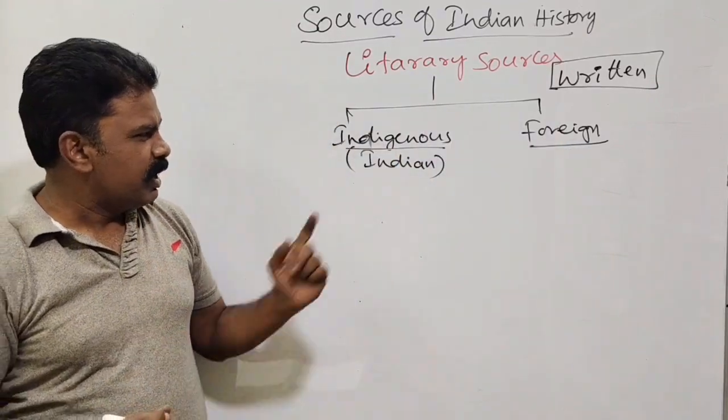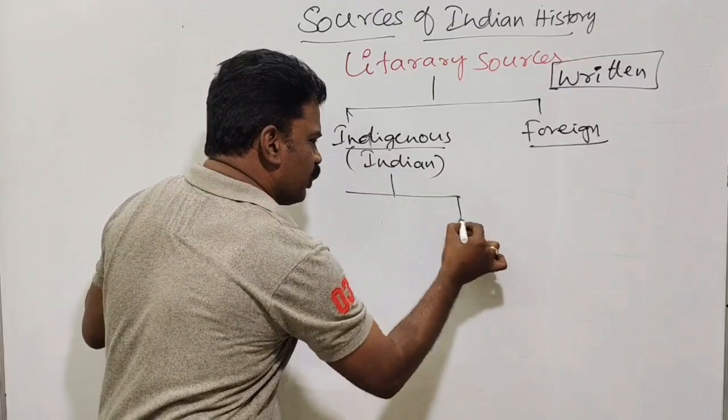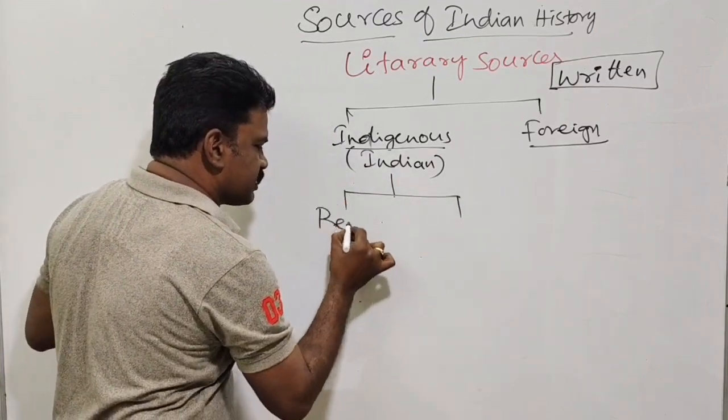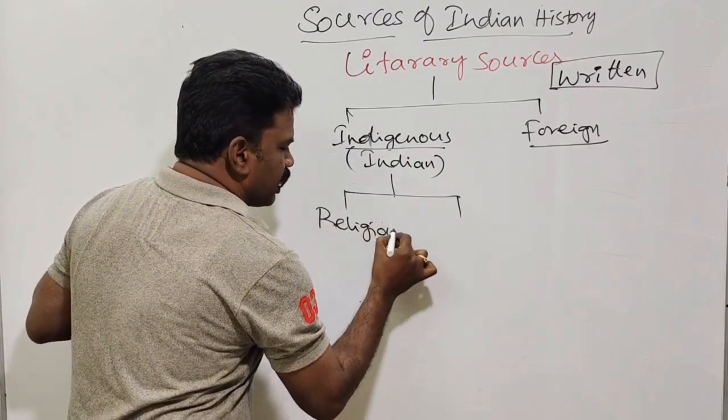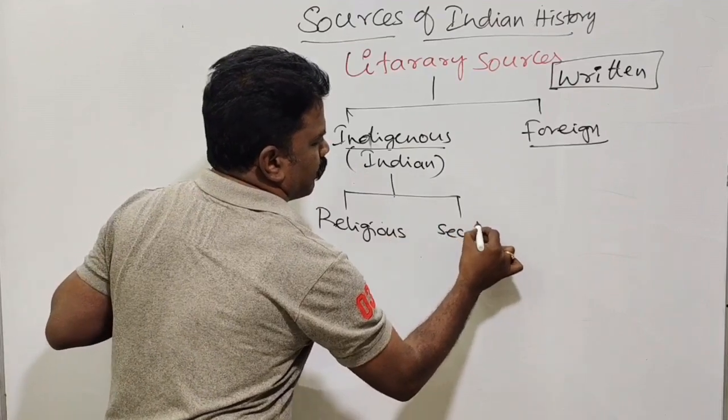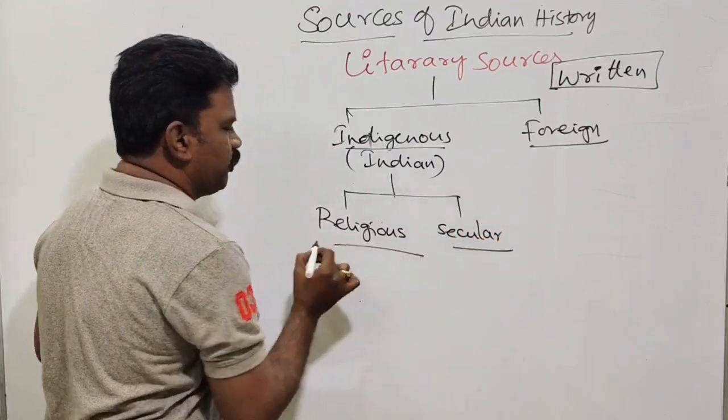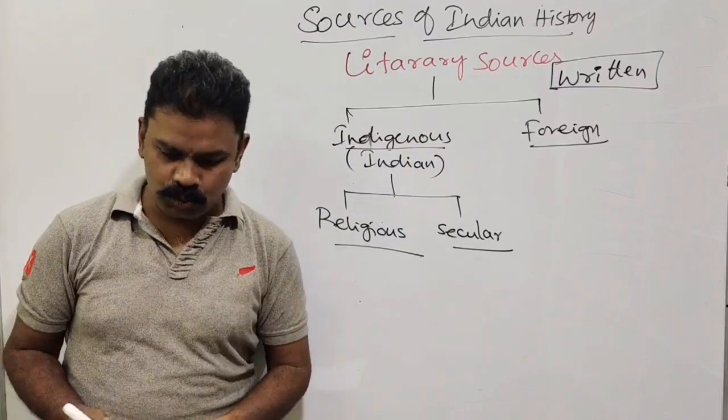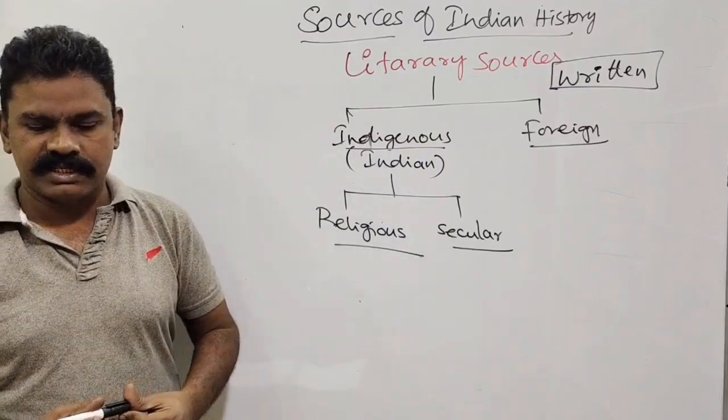Two types. Indigenous literary sources again we can divide into two parts, religious and also secular. First we will discuss indigenous sources, how they are used to reconstruct Indian history.